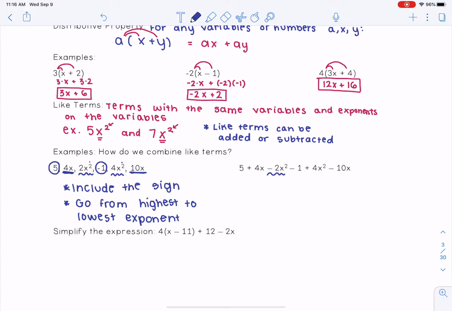So negative 2x squared plus 4x squared. That means I have negative 2 of them plus 4 of them. How many do I have? I have 2 of them, so 2x squareds. Next I have a 4x, and I'm subtracting 10x. So 4x minus 10x means I have 4 x's. I'm taking away 10 x's, so I end up with negative 6 x's. Last up, I have 5 minus 1, which we all know is 4. So there's my answer.